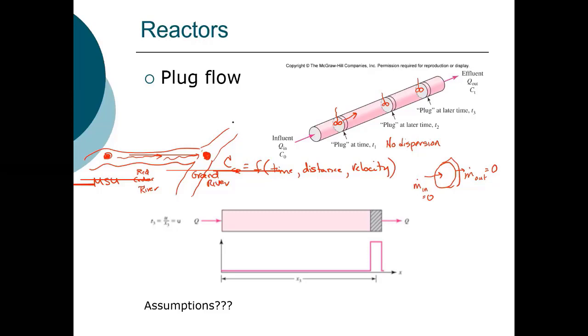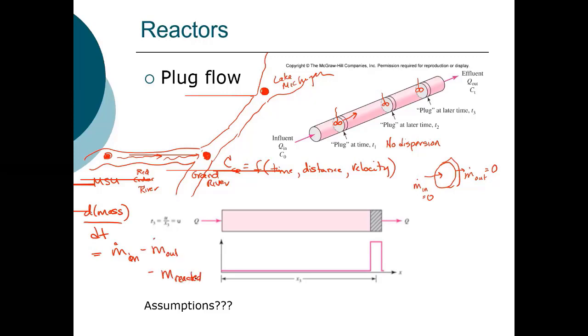Now, eventually, it gets out to Lake Michigan. The mass inside, so the mass in my balloon, is equal to... write the general equation. Do I have any mass entering my balloon? The ideal, no. So that's 0. Do I have any mass leaving my balloon?